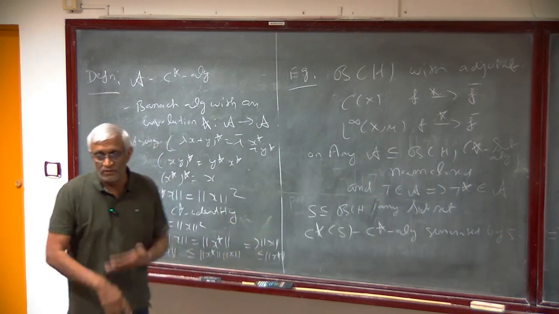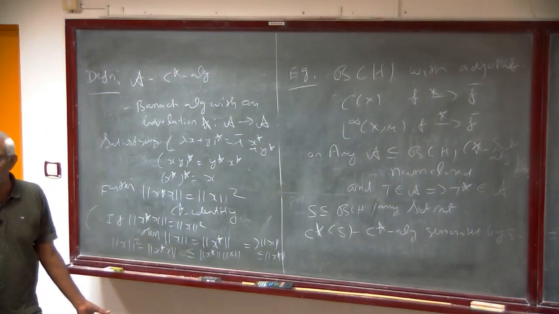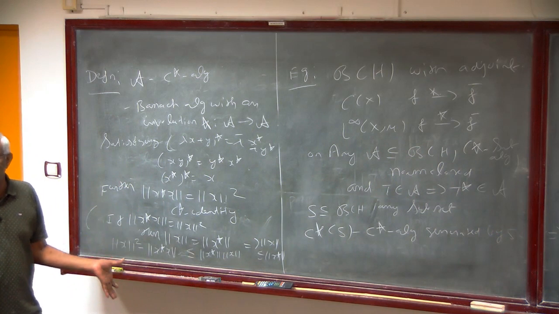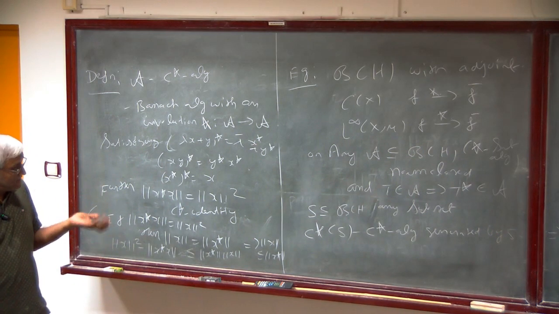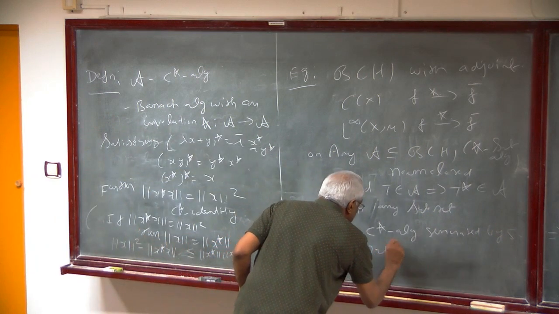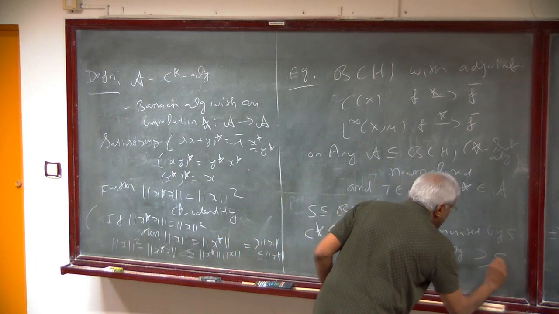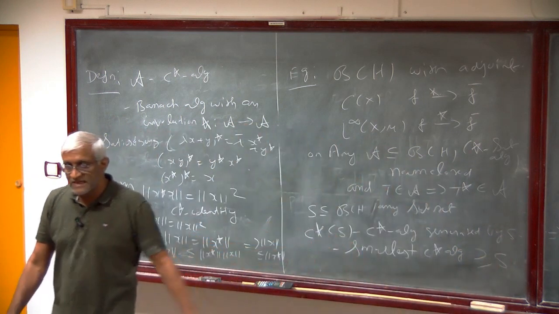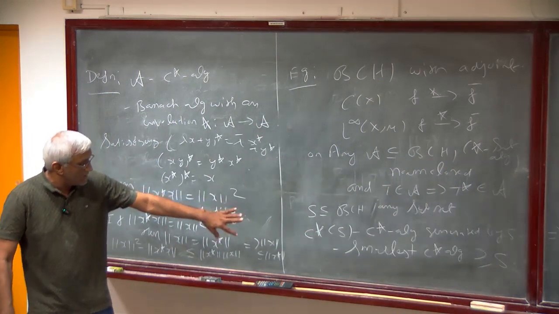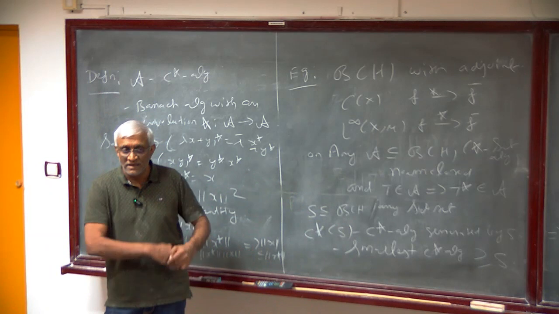The usual definition is the intersection of all C star algebras containing S, which is the smallest C star algebra containing S. That is the same as taking all sorts of products and sums, taking the whole algebra, and then closing it under the norm.